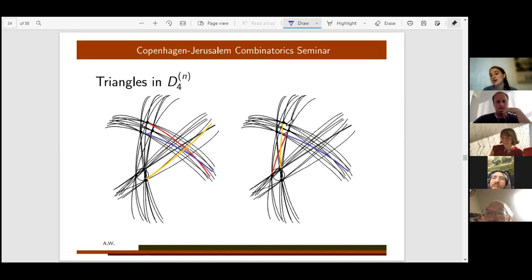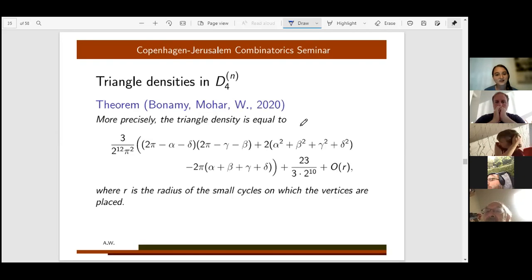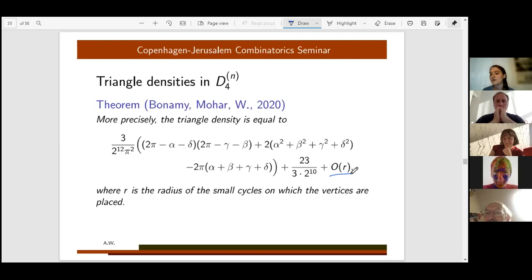For example, here all 3 vertices are incident to this blown up vertex. And when you do that properly, you actually get quite a long formula. And this formula only depends on these angles, alpha, beta, gamma, and delta, that you have in the K44 you start with, and basically an error term big O of r, which depends on the radius of the small circles that you choose to place your vertices on.